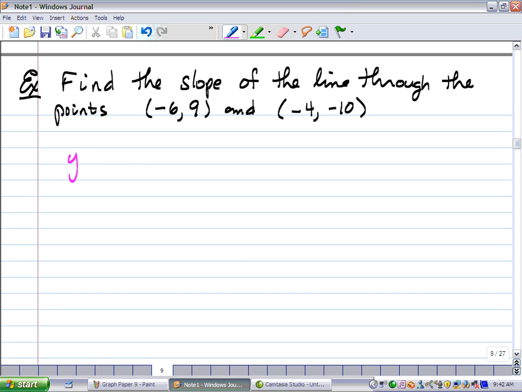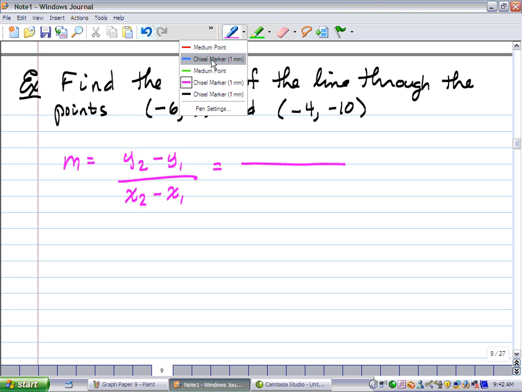The negatives are really the hardest part of this. So the slope is y2 minus y1 over x2 minus x1. So I'm going to have to remember to write these negatives.